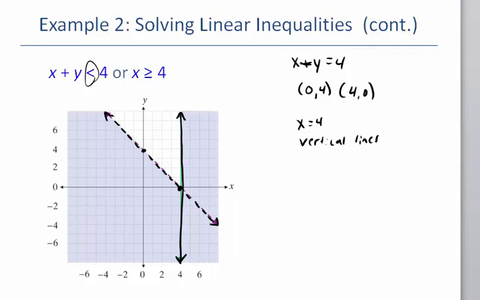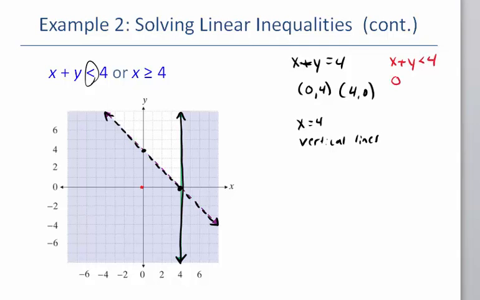Now, once the two lines have been drawn, the next step is to choose a test point on one side of the line or the other and use that test point to determine where to shade. So for our first equation, let's pick as a test point 0, 0, which is here. We're going to take our original equation, which is x plus y is less than 4.